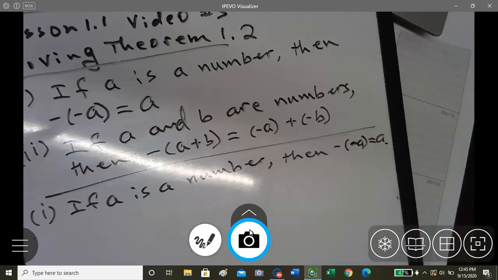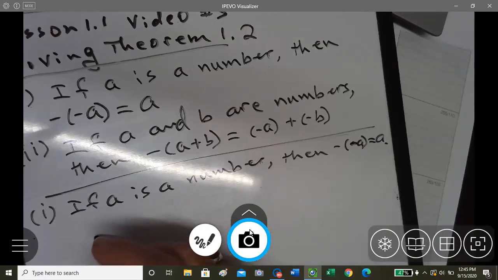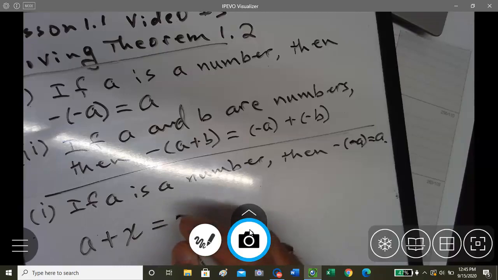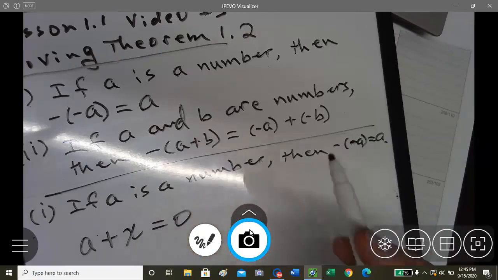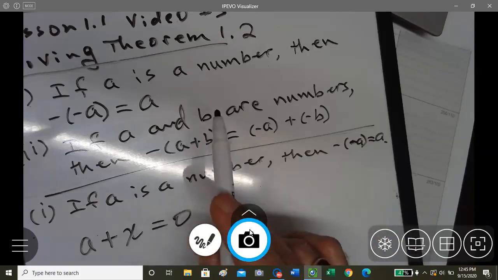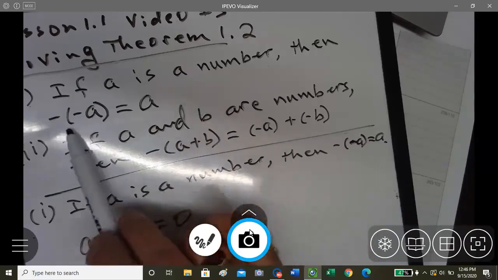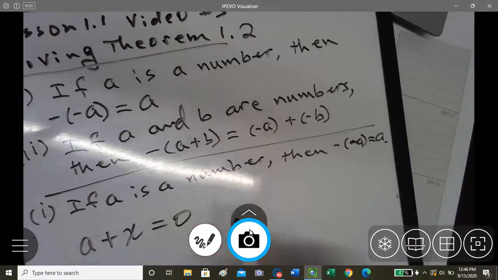The first thing that we do is start with a plus x equals 0, because if we can show that, because we have a negative and a positive, then it seems to reason that the two of those together, a and negative a, would equal 0.